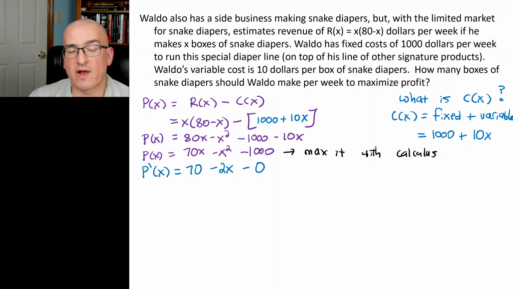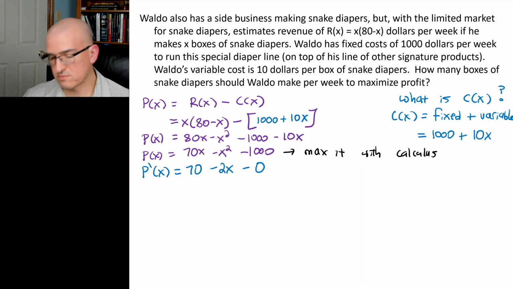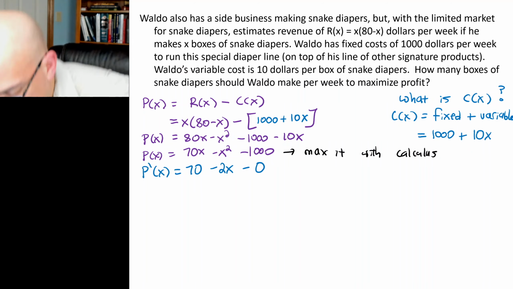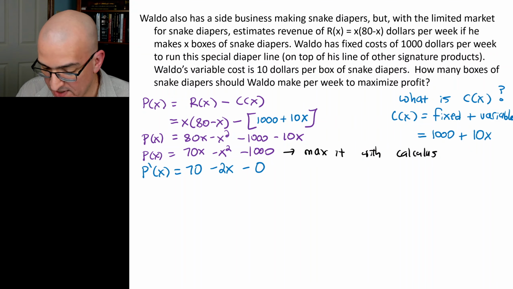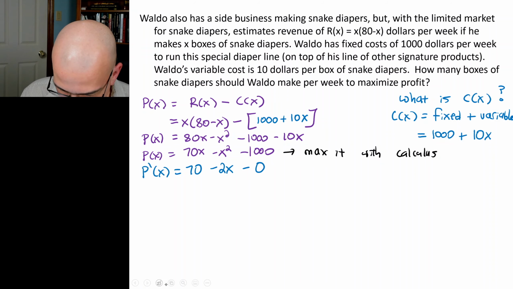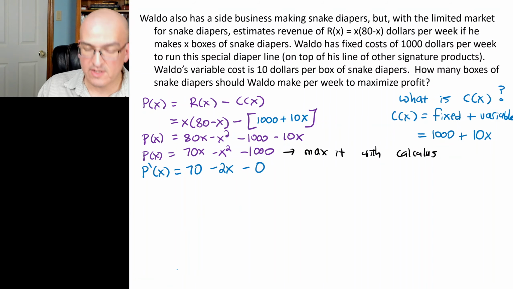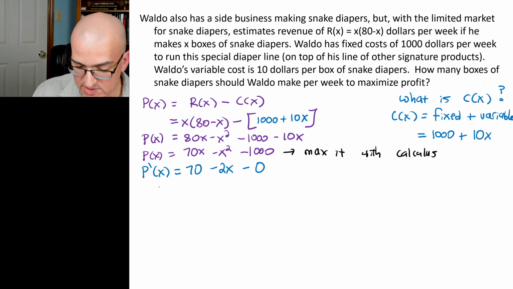This will always happen, by the way. Your fixed costs, if we're talking about maximizing profit, disappear. They're not a factor. Nothing you can do about them. Average cost is different, but for maximizing profit, it's not necessary to keep it in analysis. Okay, next step is I'm going to set the derivative equal to 0.